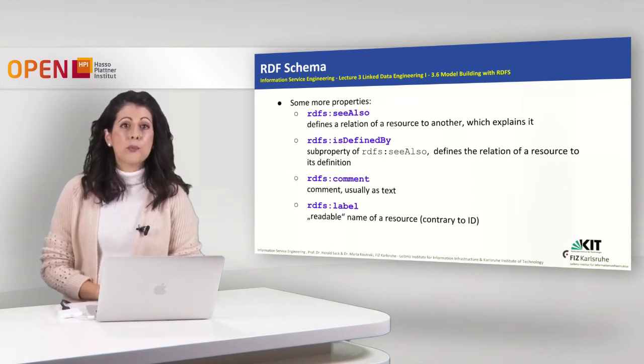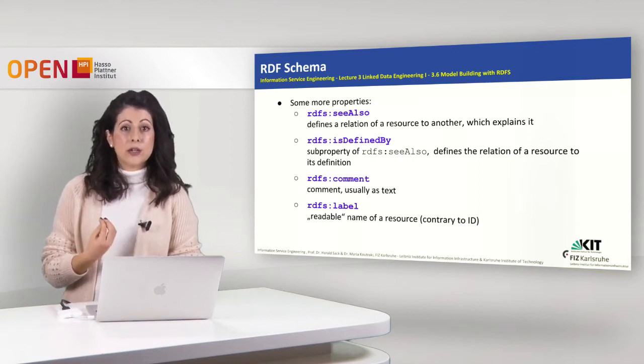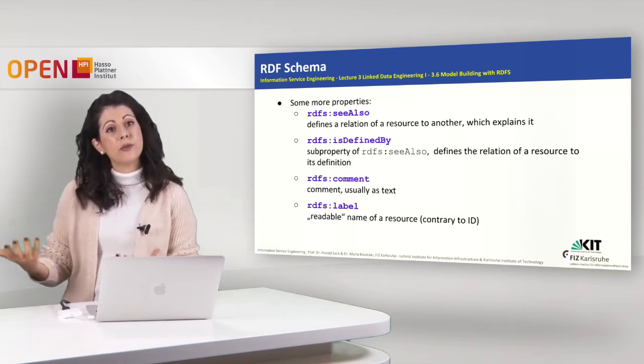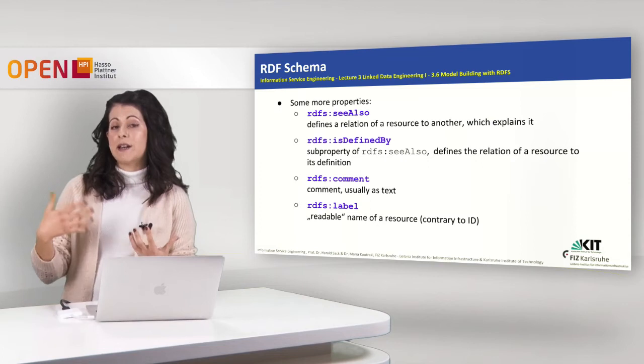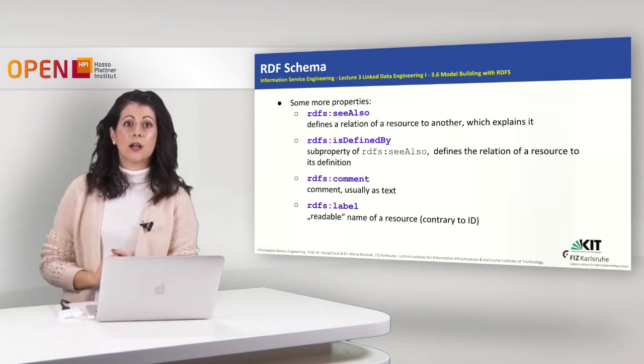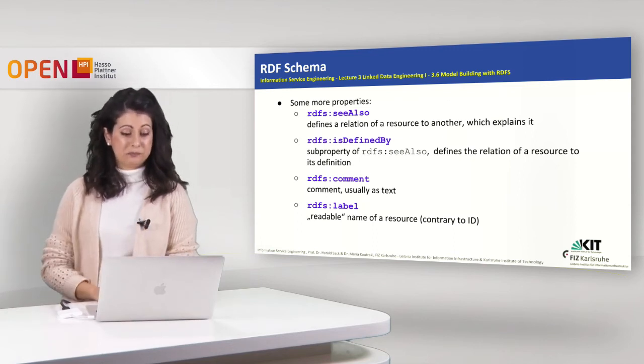And let's see some more properties that we have here in RDF schema. We have the RDFS see also property, which defines a relation of a resource to another resource, which explains it further. So if we want to add a further explanation, we can say, see also this other resource as well, which explains the first one.